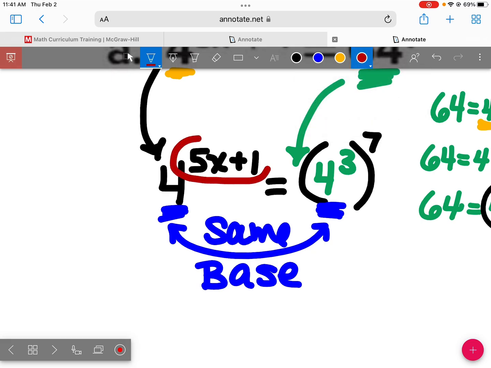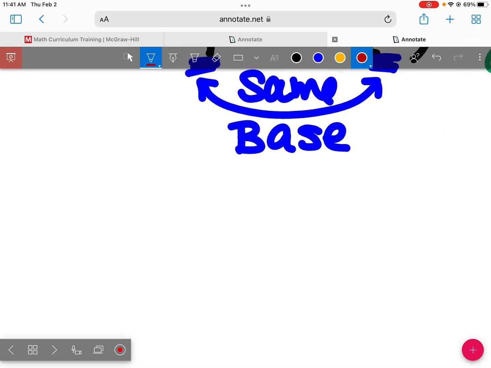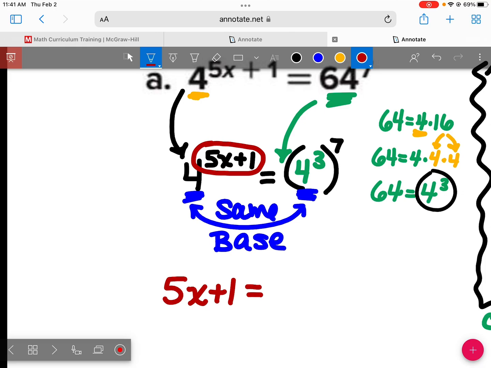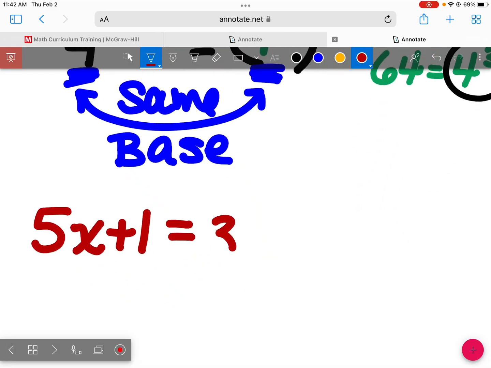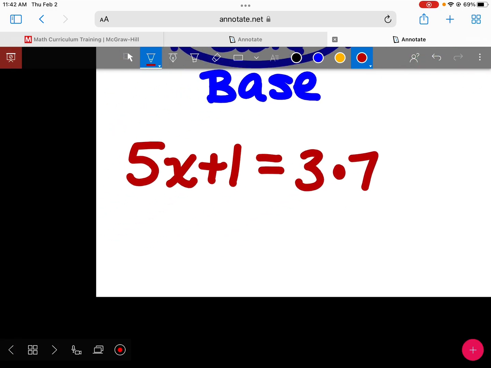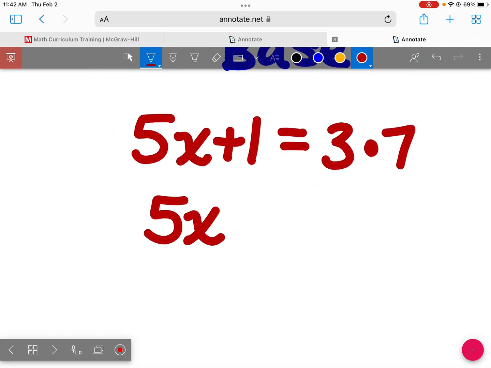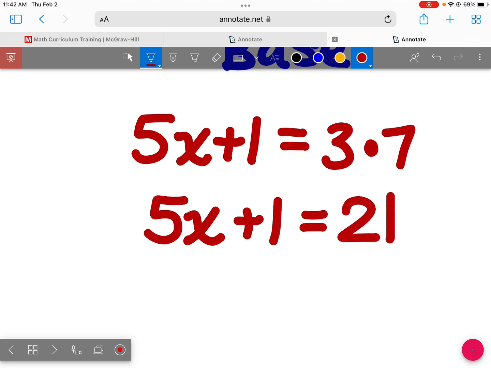Well, here's the exponent on this side, 5x plus 1, and it is equal to, on the other side, what's my exponent? I have a 7, but I also have a 3. 21. We multiply these together. We do 3 times 7. So 5x plus 1 equals 21.